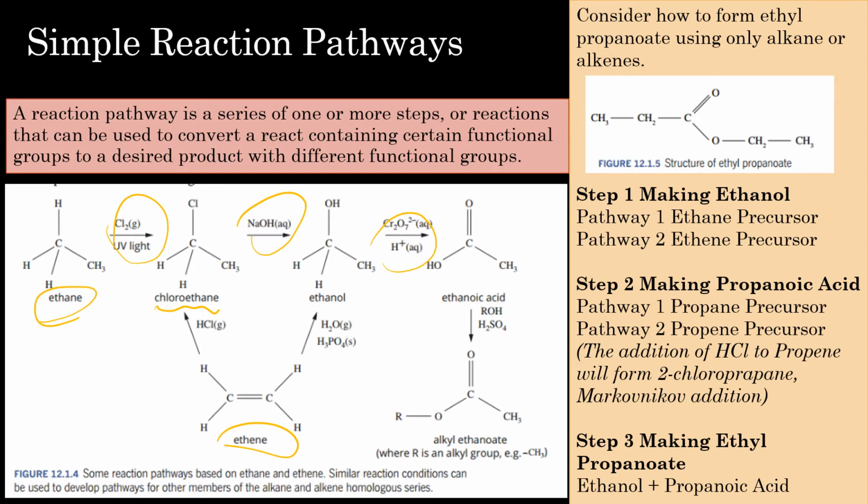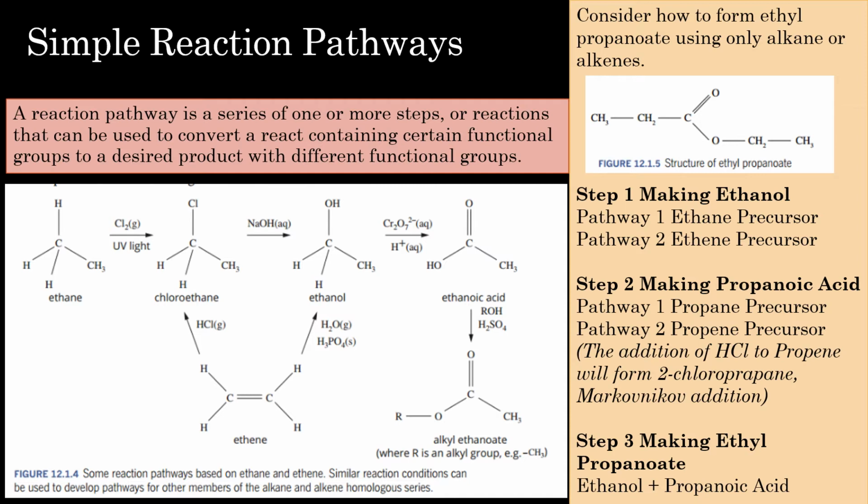And we can mix ethanoic acid with an alcohol, and it's got to be an acidified alcohol, to make our, what's this one? That's got to be the alcohol bit there, and that's got to be the carboxylic acid, so that's got to be an ester, hasn't it? And this one's an alkyl ethanoate, so if that's just a methyl group, that's going to be a methyl ethanoate, for example. Now we can also do the pathway from ethene.